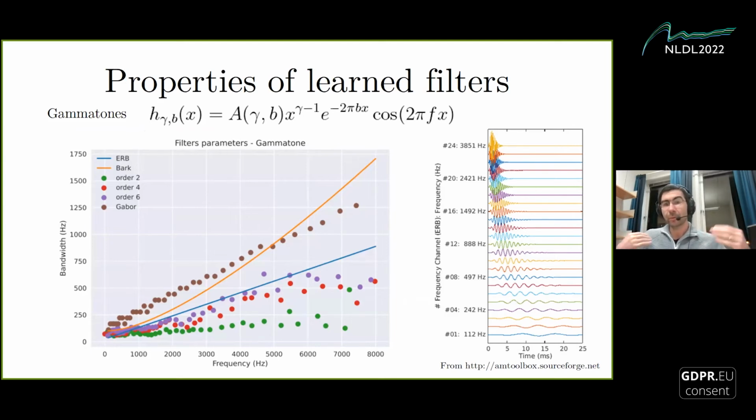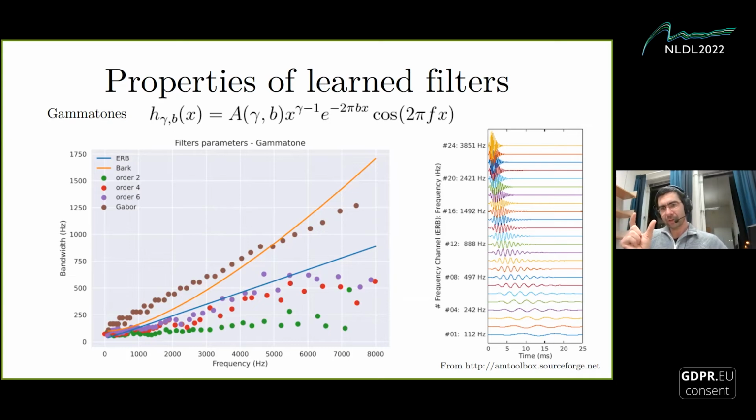Capital A is a normalization constant that depends just on two parameters. Gamma is something fixed, the order of the gammatone is fixed. B will be learned, and it's related to the bandwidth, so also related, in time, to the width of the gammatone.